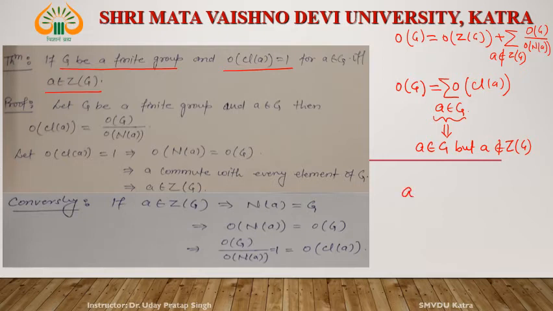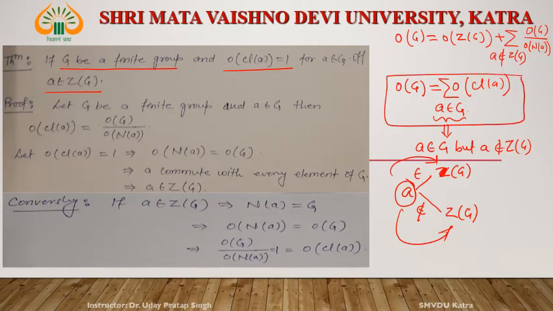Means if A is any element, whether it belongs to ZG or does not belong to ZG, collect such elements. This summation bifurcates into two parts. For all those that belong to ZG, this is the order of ZG. For all those A that do not belong to ZG, this other thing happens.